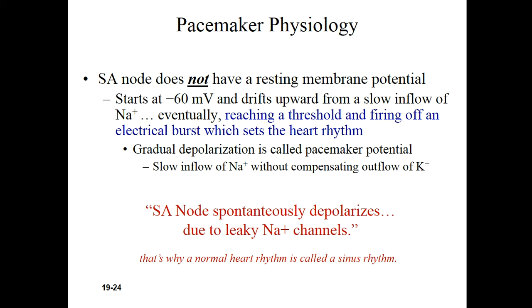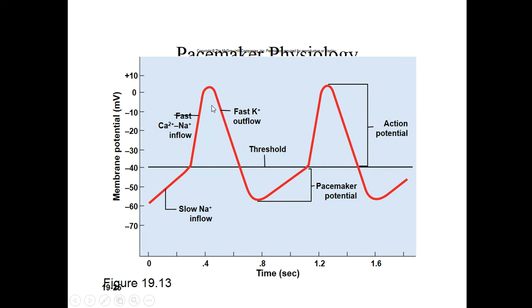The SA node does not have a resting membrane potential. It starts to repolarize, and when it reaches the bottom, because it has these leaky sodium channels, it allows sodium to begin to trickle in. Sodium has a positive charge, and so the cell begins to depolarize. There's no resting membrane potential, nothing flat, no long pauses here.